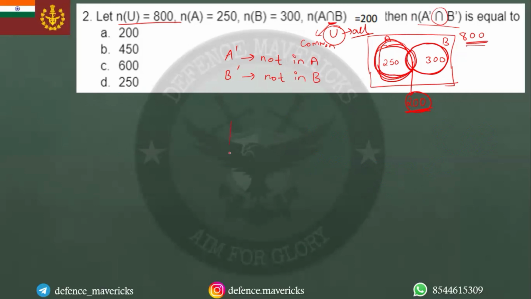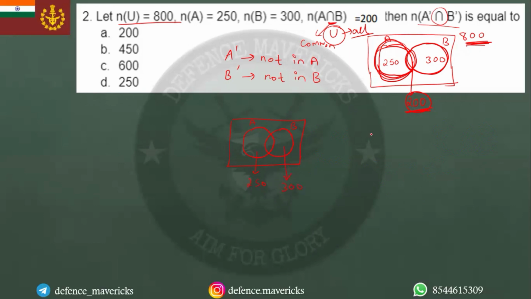Let me draw one more diagram below so that it is a little clearer. Okay, so this is set A, set B. Now by the way, one more thing. If you just check with 800, this A union B is not giving us 800 elements. Right? So if you just check, this is 250, this is 300.